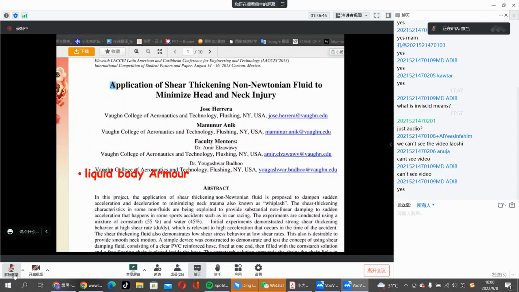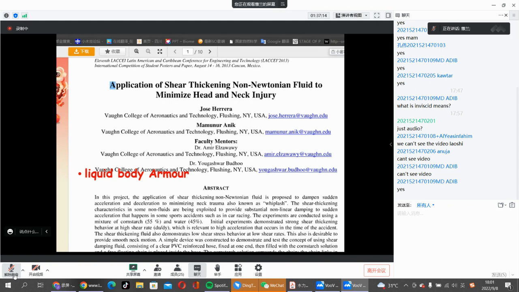You see, when you just apply force, the liquid just behaves like steel, okay? Because when you apply stronger force, the fluid becomes more resistant to the force, okay? Because its fluid viscosity increases with the shear force, okay? This is called shear thickening non-Newtonian fluid.